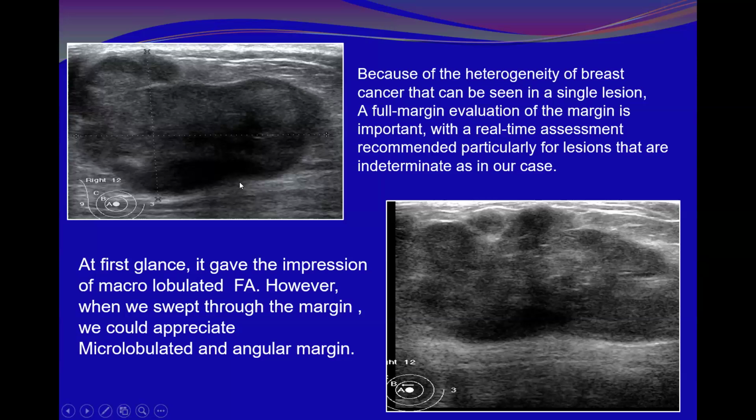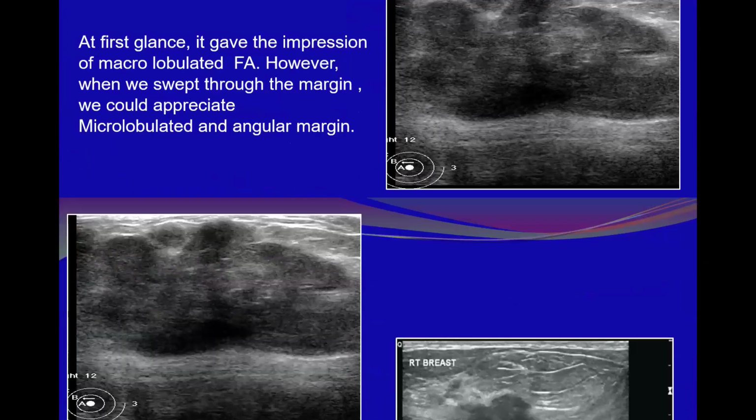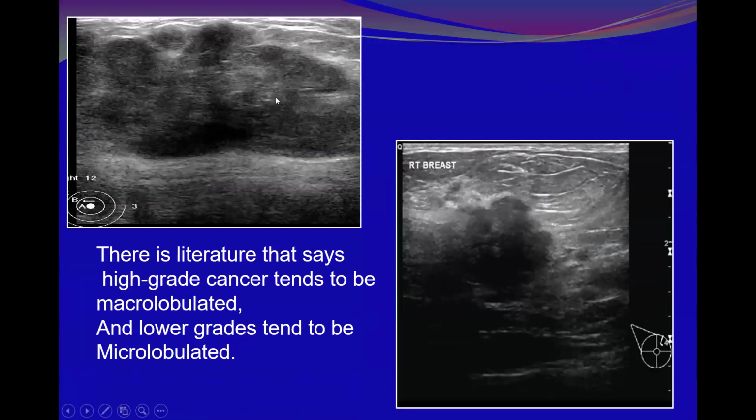It looks probably benign. No, we have to look and take it seriously, okay? And sweep throughout the margins, okay? And when we swept through the margins, we could appreciate these microlobulations.